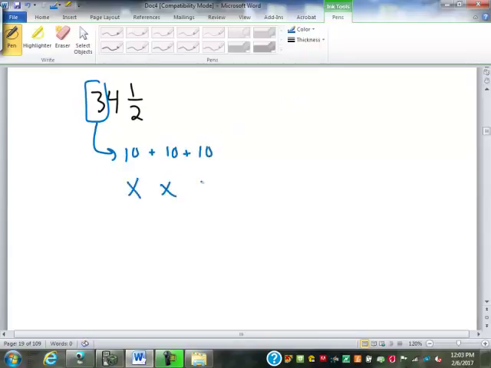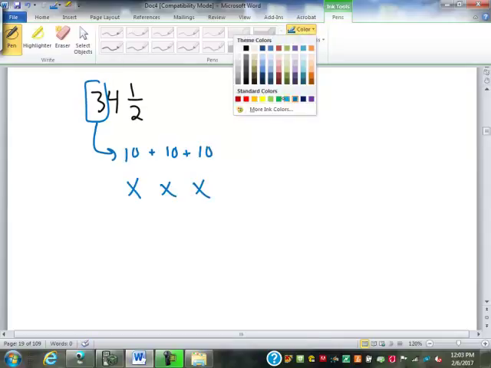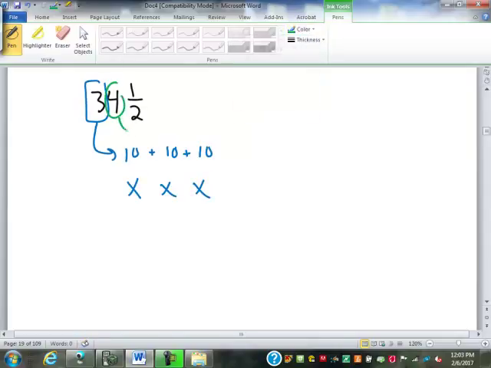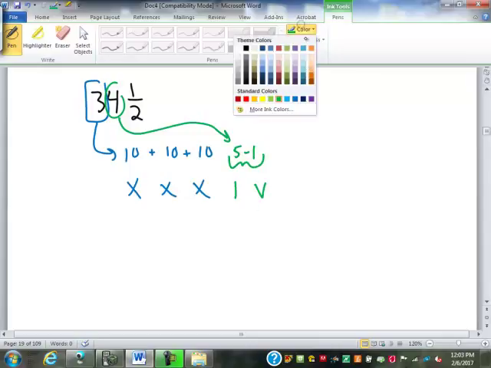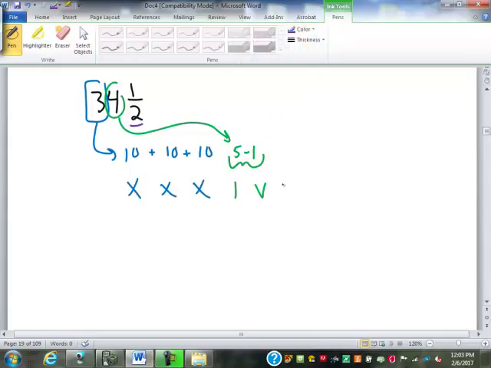So X, X, X. 4, we can't have 4 ones. So that's going to be 5 minus 1. So that's going to be IV. And of course, 1/2 is SS. So X, X, X, IV, SS.